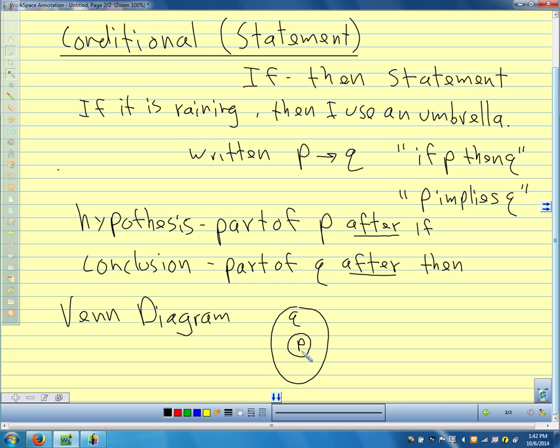If I'm inside the circle with the P, then I'm also inside the bigger circle with the Q. So this is the same as if P then Q. And for the conditional statement that we wrote before, it would be raining and umbrella. So that would be the Venn diagram for this conditional statement. If it is raining, then I use an umbrella.